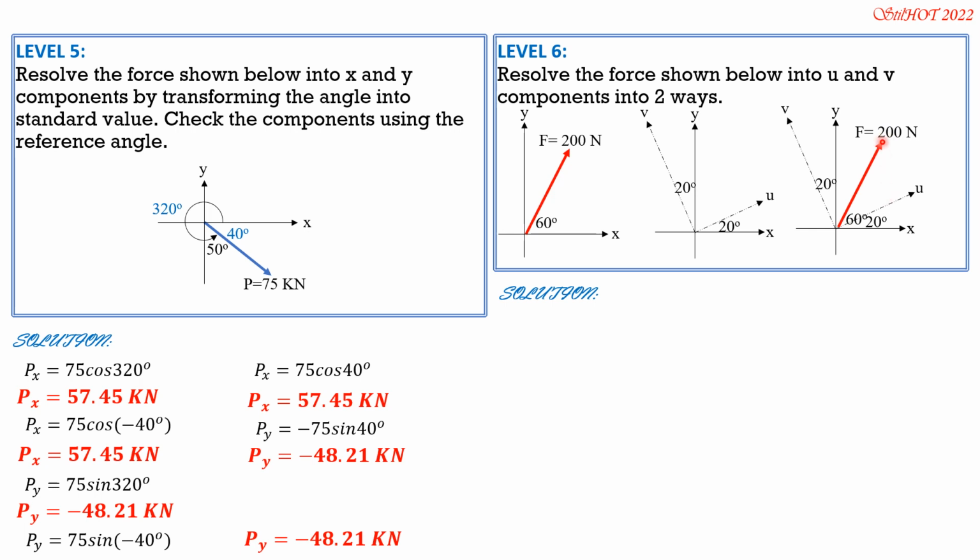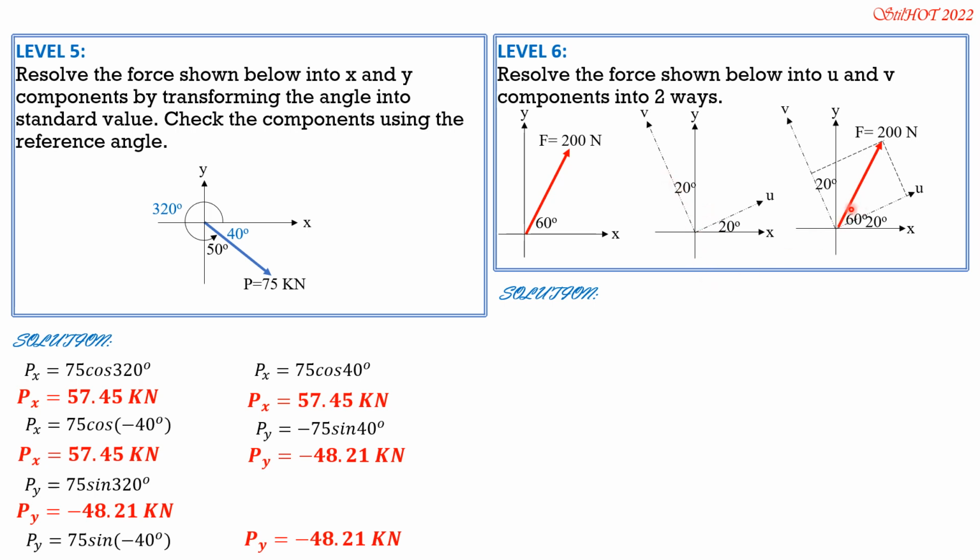So from the tip of the force, first technique, we draw lines parallel to the U and the V axis to form a parallelogram which is reduced to a rectangle because U and V are perpendicular to each other. So this is 90, because that's also 20. So perpendicular to each other, that's why we can use the vector approach.